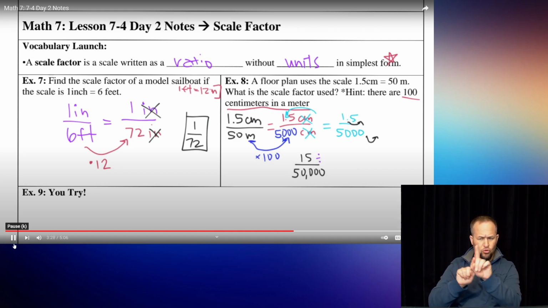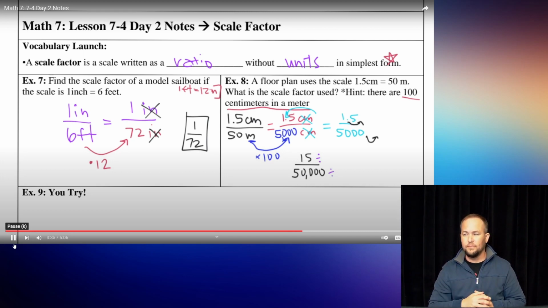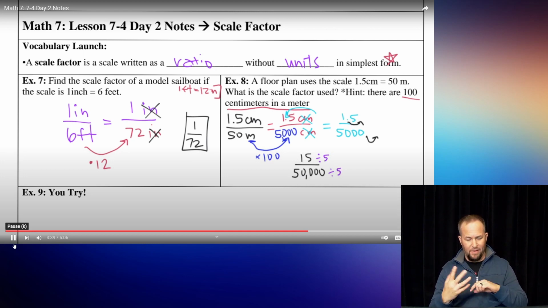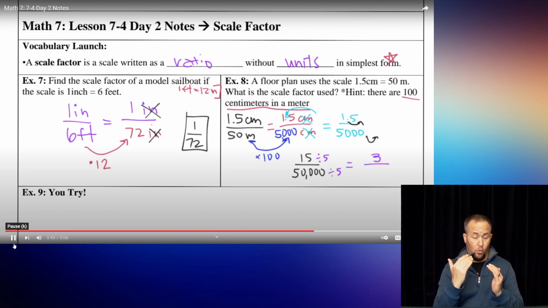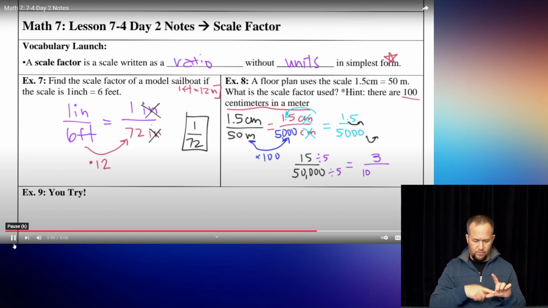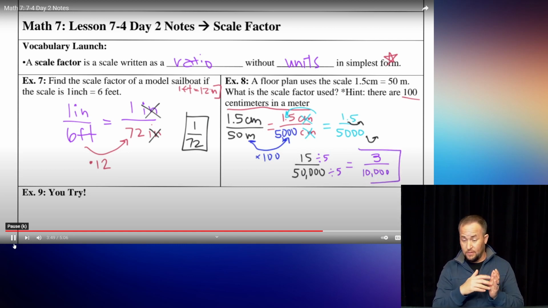I know that because 5 can go into both of these, I'm going to divide the numerator and the denominator by 5. So my final answer here is 3 over, and then 50,000 divided by 5 is going to be 10,000. And that is without labels, and it is in simplest form. Hopefully you caught that listening clue.